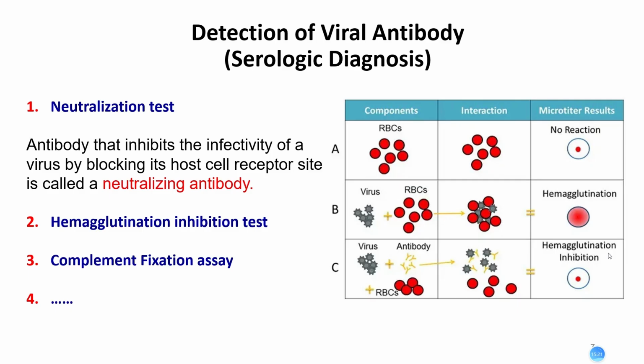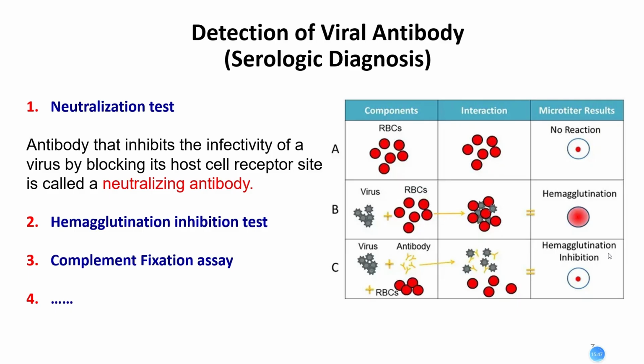And we can also run the hemagglutination test. Hemagglutination is this way. Some viruses carry hemagglutinin. You mix it with a virus, like the influenza virus, and the HA protein on the surface can bind to the red blood cell.